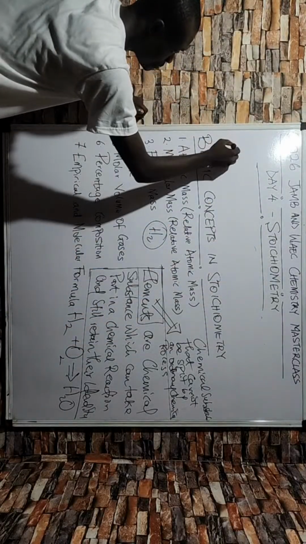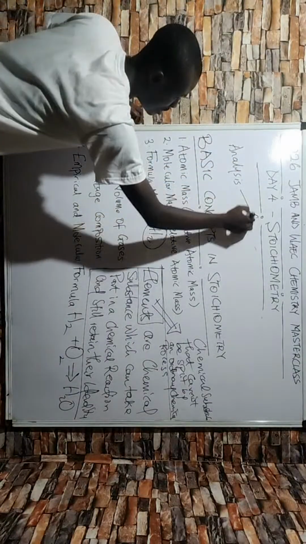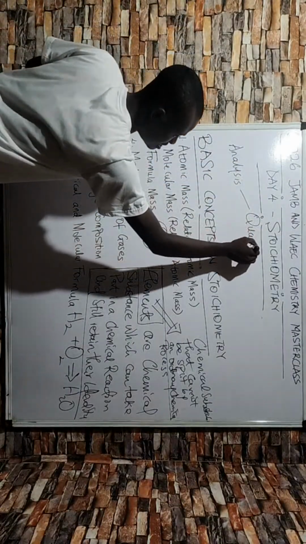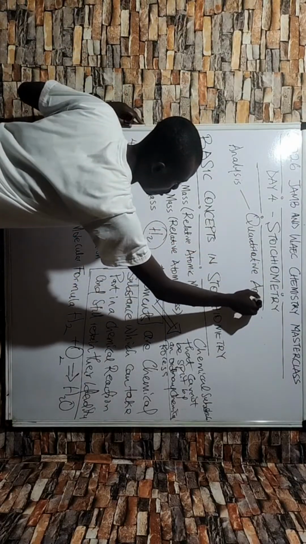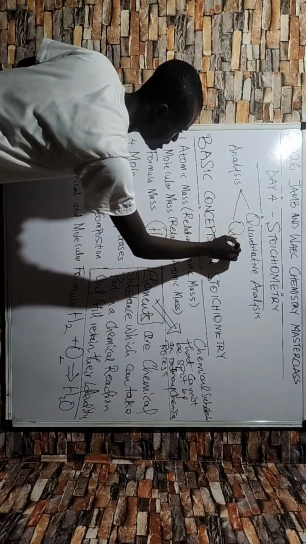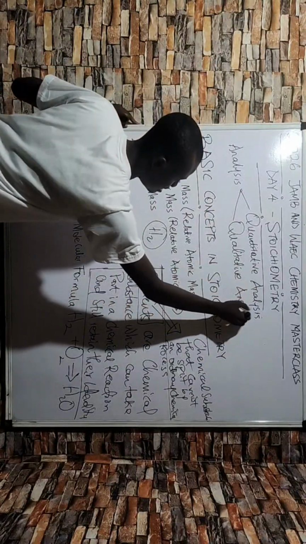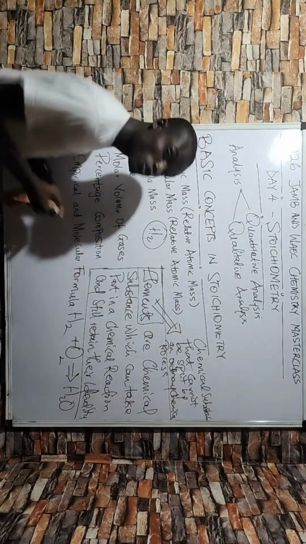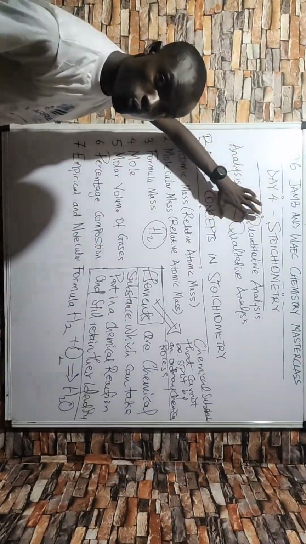So analysis can either be a quantitative analysis, or it can be a qualitative analysis. So these are the two forms of analysis. Either it is quantitative or it is qualitative.